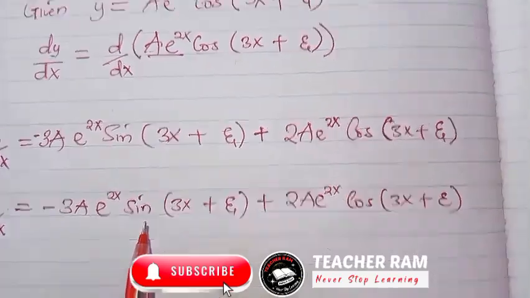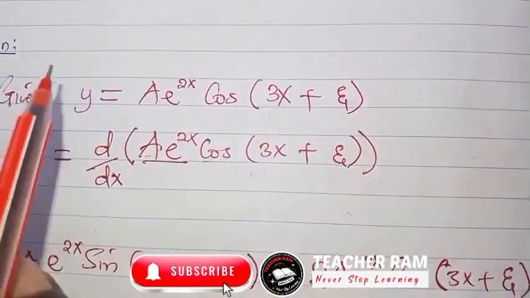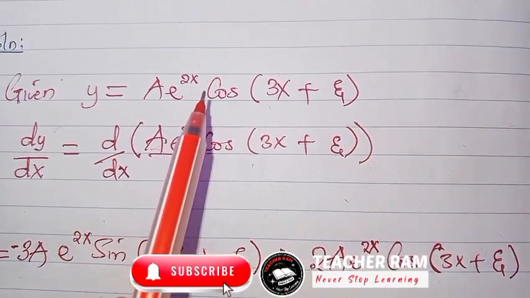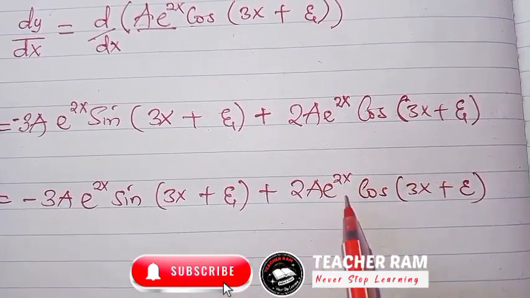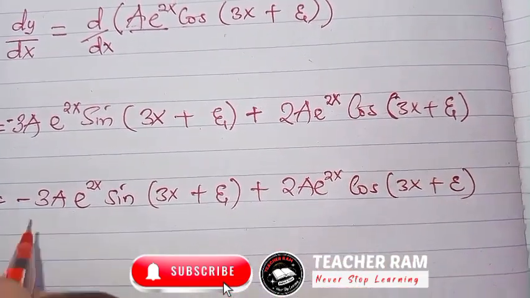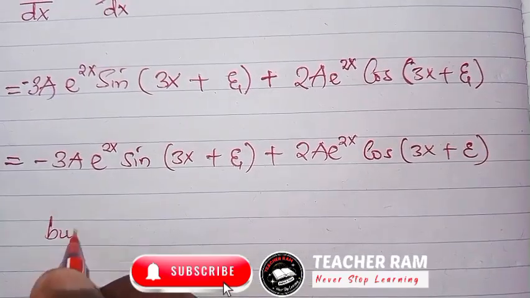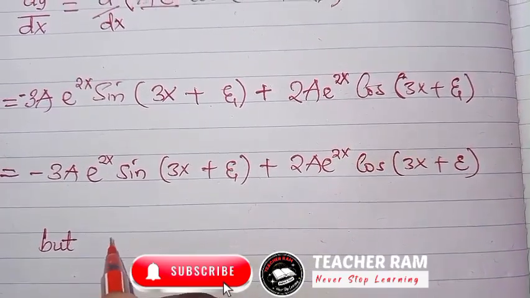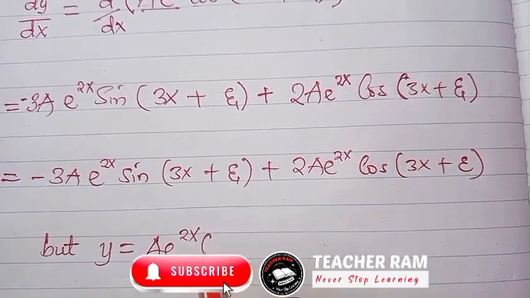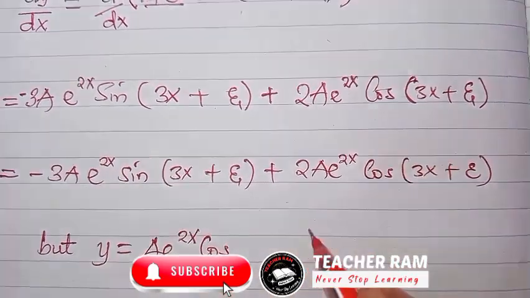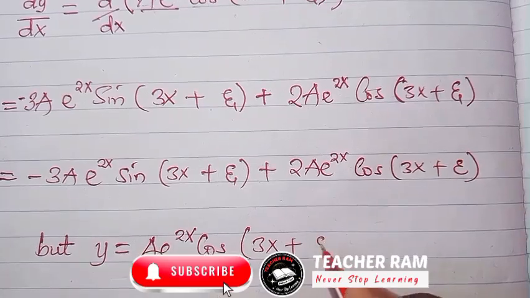As we can see from the given equation, y is equal to a e^(2x) cos(3x + ε), and in our derivative we also have a e^(2x) cos(3x + ε).